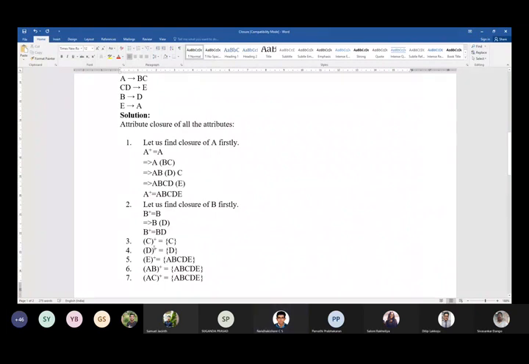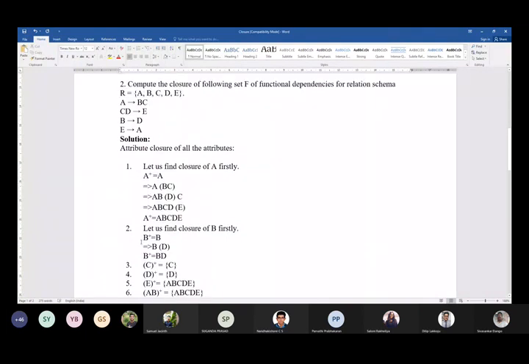Right. So next, we have to extend it with two elements, A, B closure, right? So we have done A closure, B closure, C closure, D closure, and finally E closure. Since E can logically determine A, you will be able to get all the elements in the relation, right? Then we'll extend it with AB closure, AC closure, AD closure.